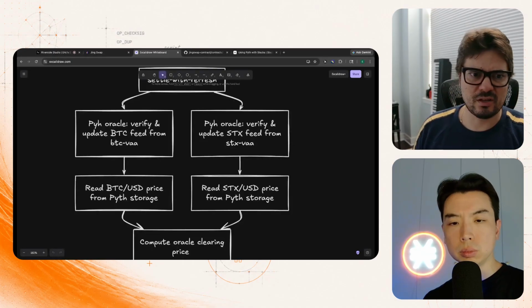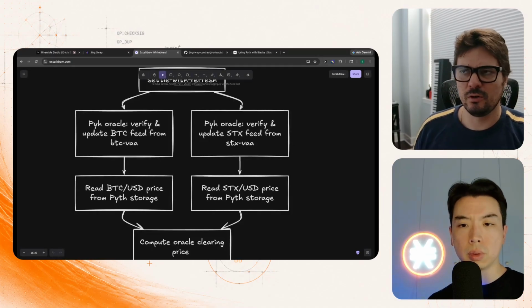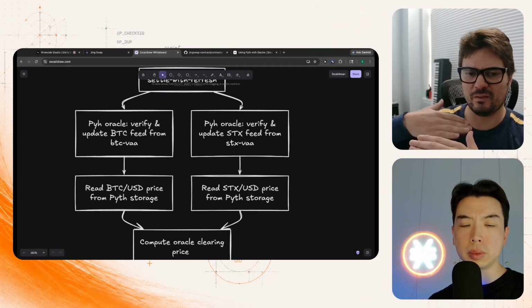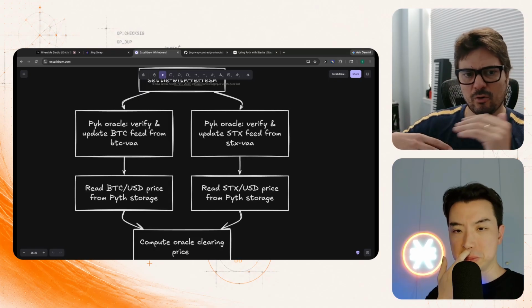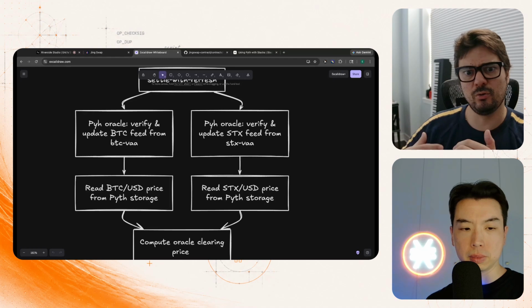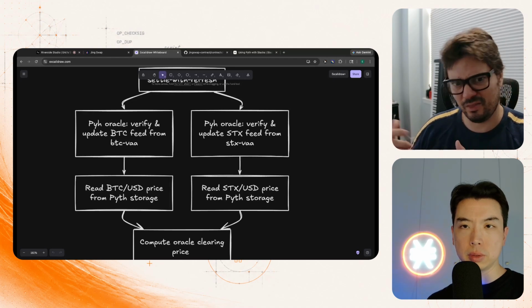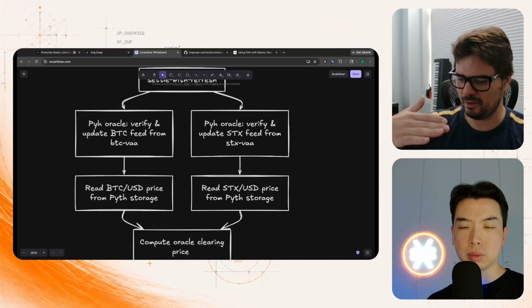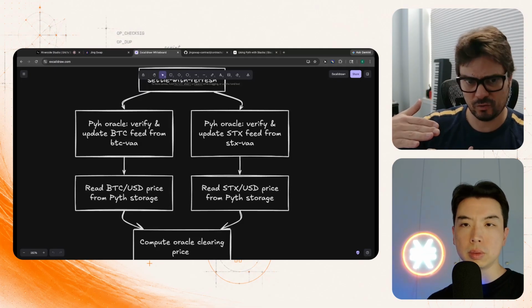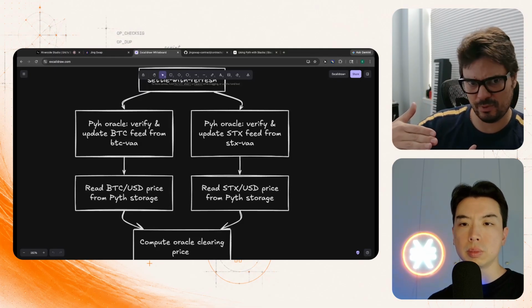The user is going to set their limit. There are two aspects to it: the limit can be in range or out of range. If it's out of range, meaning your limit price is under the Oracle price, it's currently not settling. You have deposited your amount, and the Oracle price has to come to you to not violate your limit price, and then you'll be settled. Or it can be in range, meaning your limit price is a little above the Oracle price, so you are currently guaranteed to be settled.